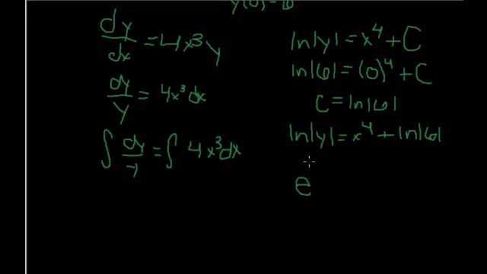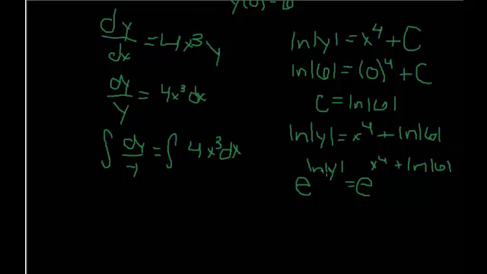So you have e to the ln absolute value of y, sorry, that's y, is equal to e to the x to the fourth plus ln of 6.